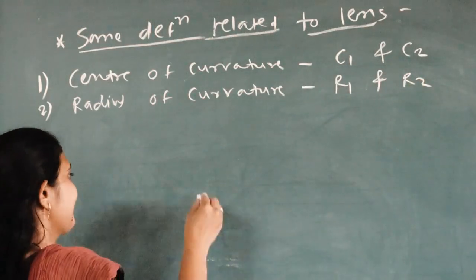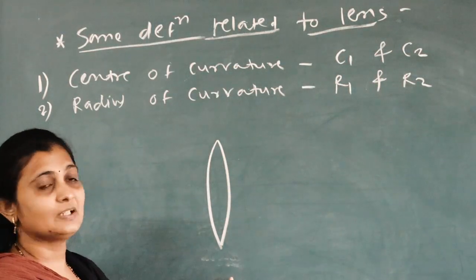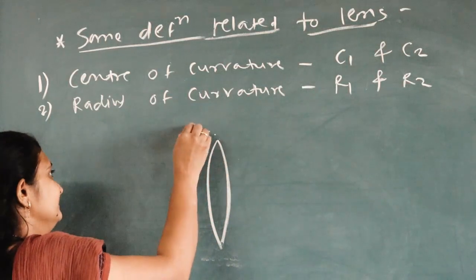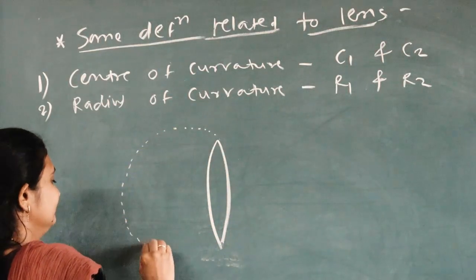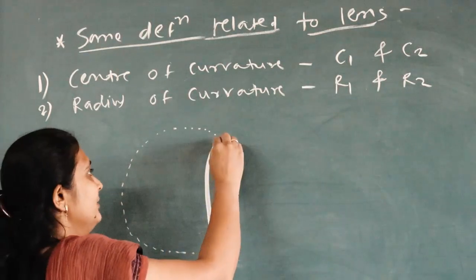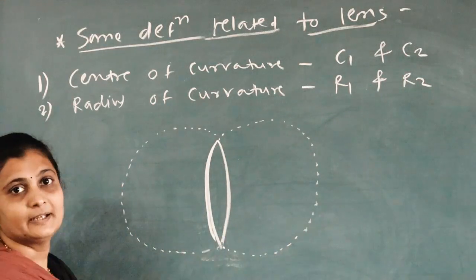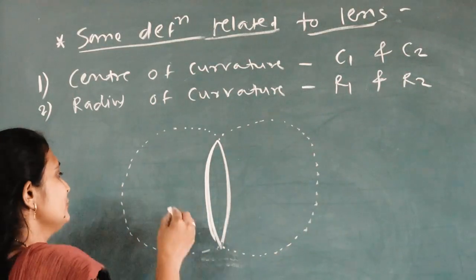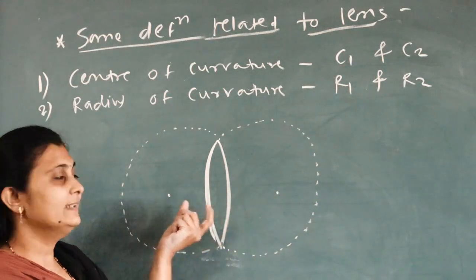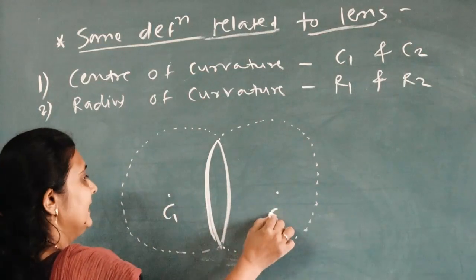Now see, consider a convex lens. This part is a part of a sphere. We complete the sphere, and this part is also a part of another sphere. We complete the sphere. Then the centers of these two spheres from which the lens is made, those two centers are called the center of curvature, C1 and C2.